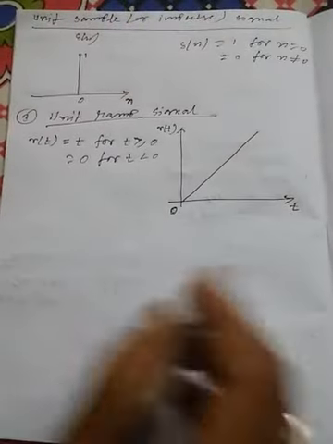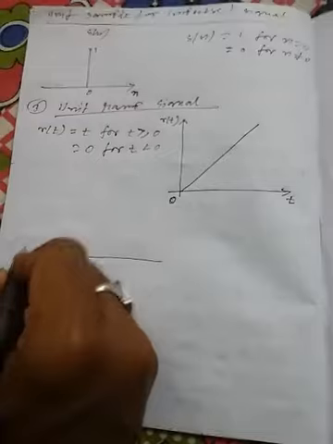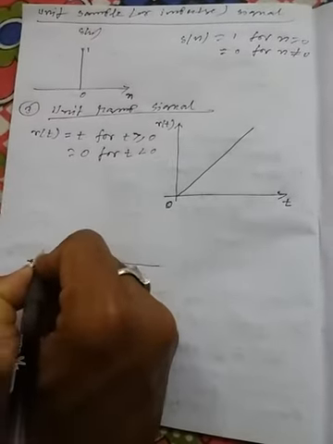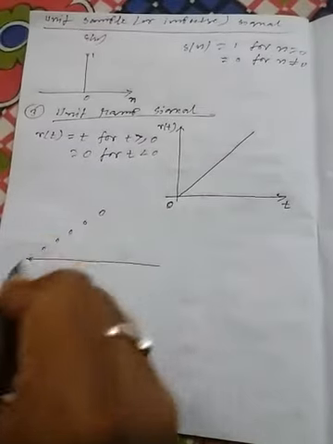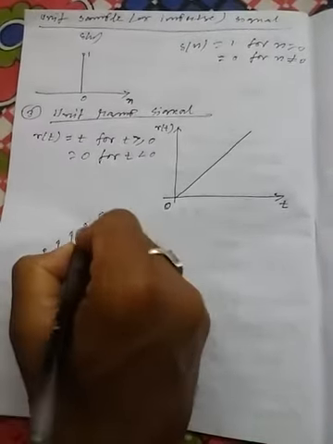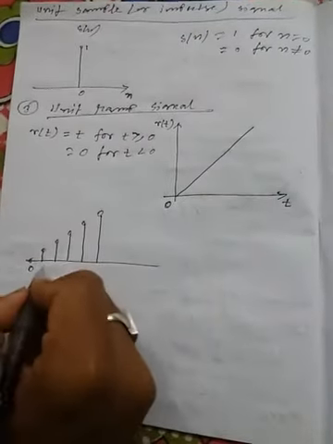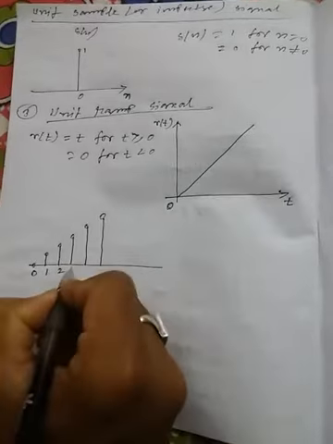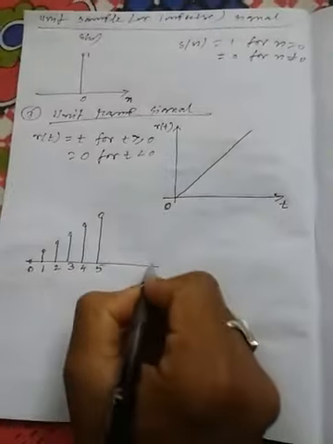In discrete time domain, unit ramp signal looks like this. So this is 0, 1, 2, 3, 4, 5, like this way.